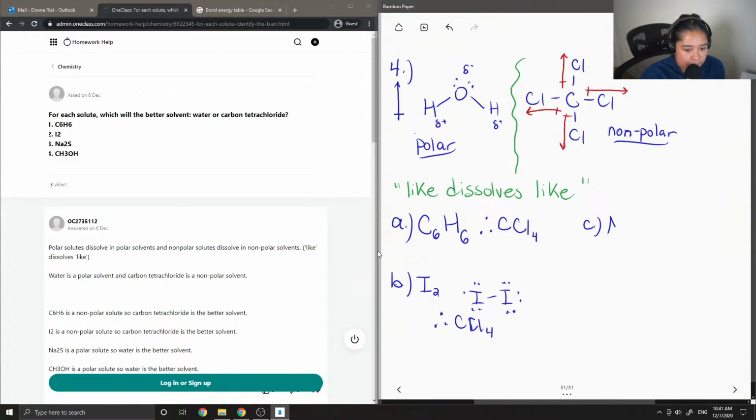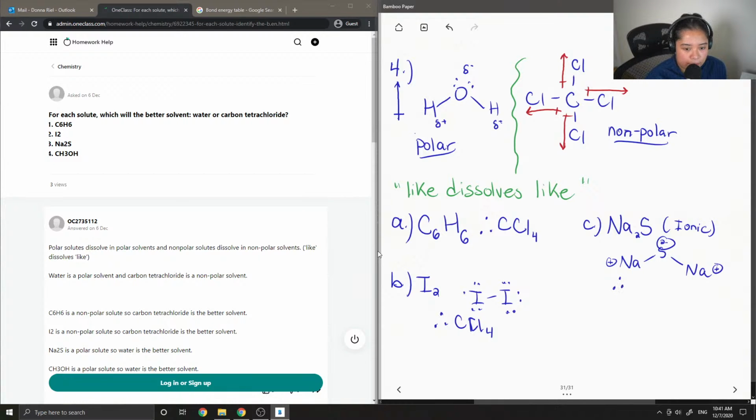C is sodium sulfide. So sodium is a metal. So already we know that these bonds are ionic. And every ionic molecule is able to dissolve in water. Because if I were to draw out the charges, it would look like that.